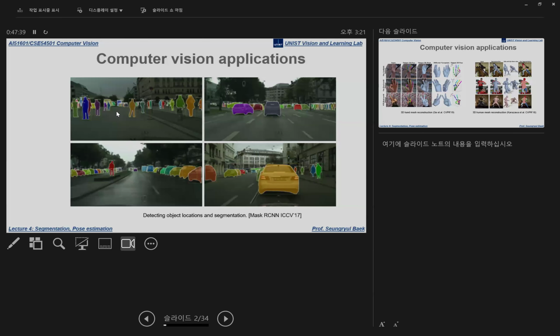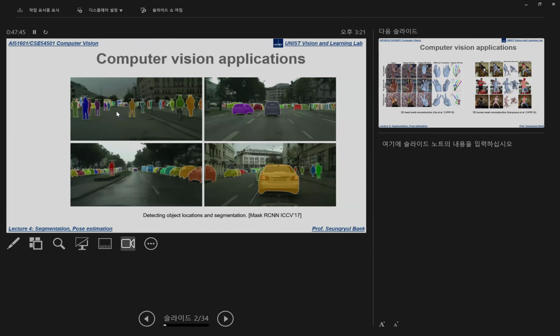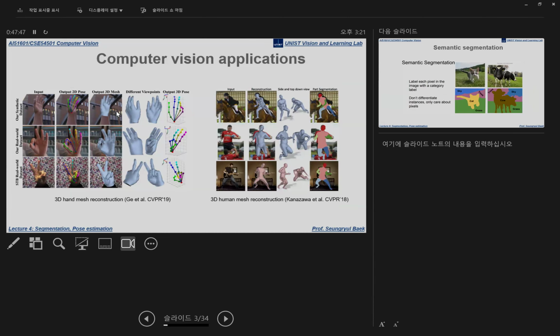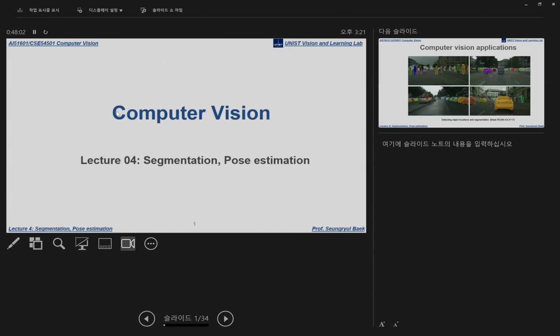Previously I explained the segmentation task and also the pose estimation task. We also learned about object detection. So in this lecture, we will learn how we can implement the CNN architecture for tackling the segmentation and the pose estimation tasks.